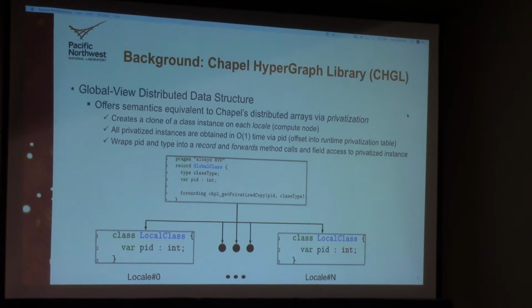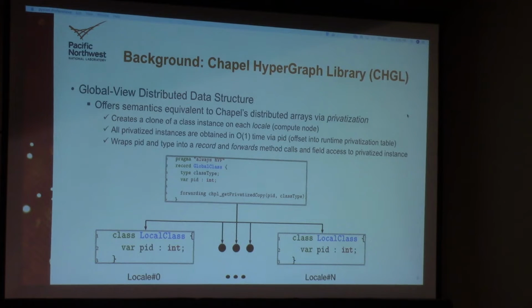And the way this is actually implemented is that each locale constructs a class instance, or a clone of a class instance, that is local to the compute node. These class instances are stored in the privatization table, and they're given an offset, which is shared across each locale. And this offset is called the privatization ID, or the PID. So it's not to be confused with the process ID.